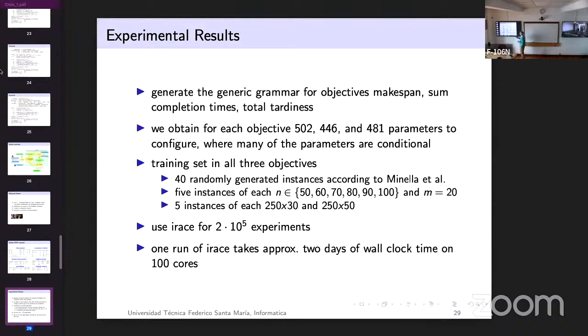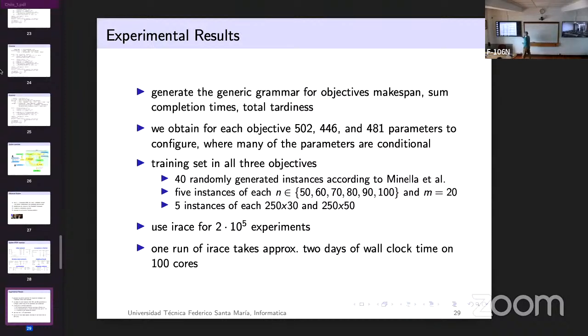The training set in all three objectives is 40 instances generated by Taillard. We have done something like 5 instances of each n, and m is 20. A flowshop problem has a number of jobs that are processed on a number of machines.